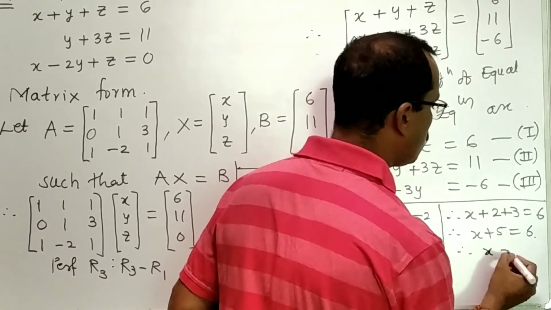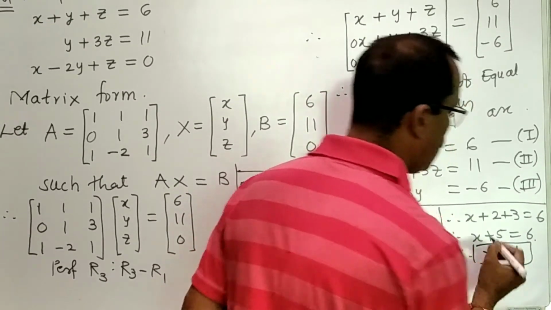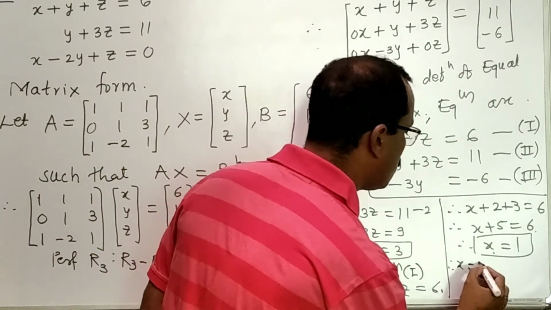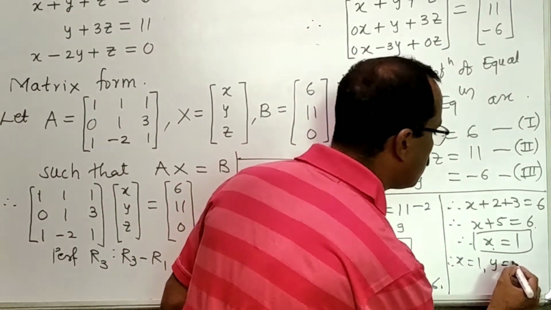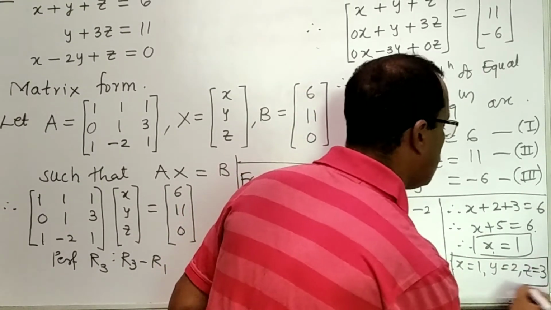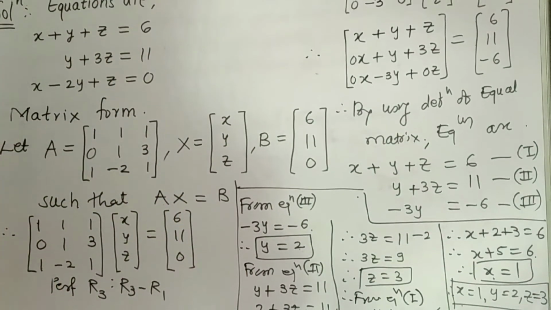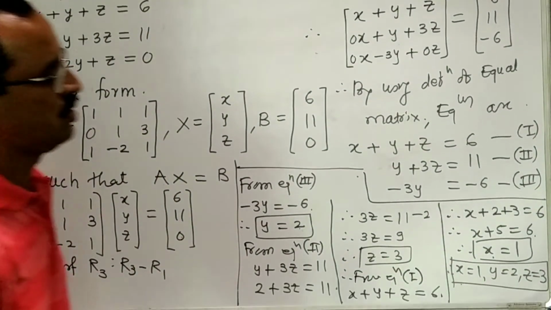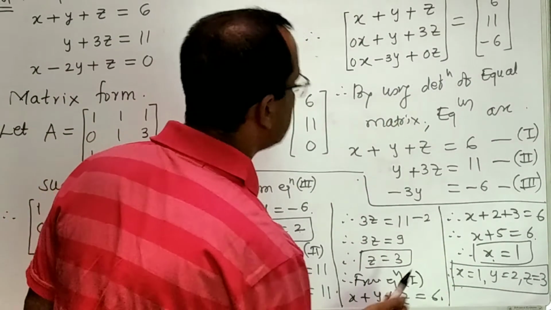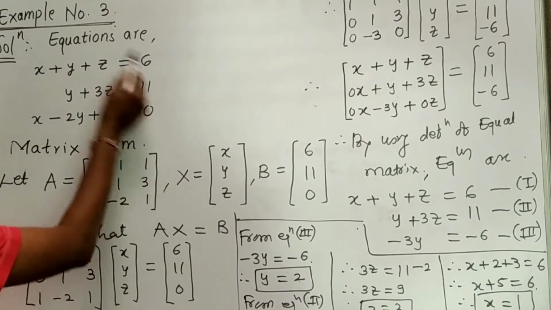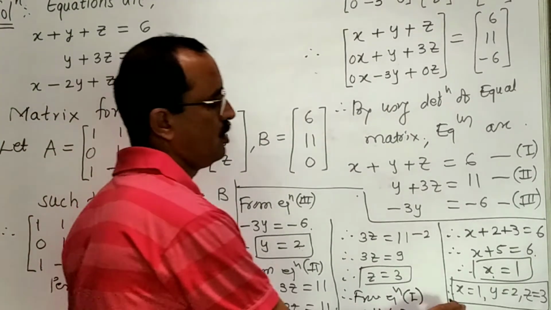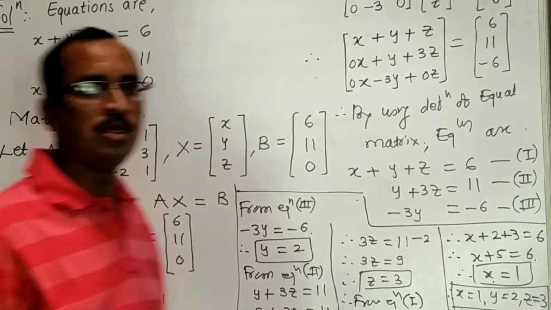So x is equal to 1. In this way we get x is equal to 1, y is equal to 2 and z is equal to 3. So the required three numbers are 1, 2, 3. These numbers satisfy the given equations. So the solution is, the required numbers are 1, 2, 3.